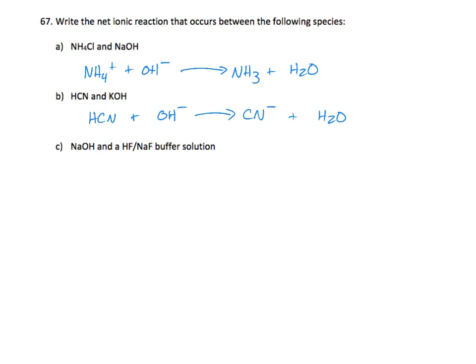So the reaction with the strong base will be with the weak acid. So the NaOH, it's going to react with HF. And we're going to write the NaOH just as OH- because the sodium will be a spectator ion. We have something strong on the left, which is the hydroxide, so we don't use an equilibrium arrow. This makes F- plus water.